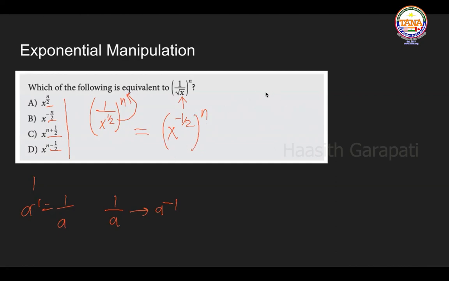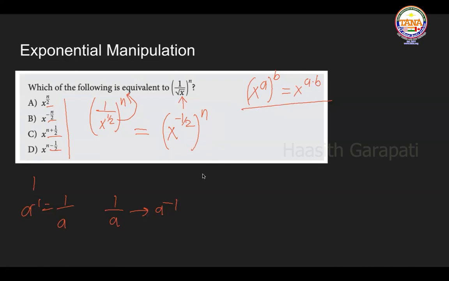And here's another thing that you should know. If you have x to the power of a, and then that term is enveloped by another exponent, guess what? You can multiply the exponents together. X to the power of a to the exponent of b is equal to x to the power of a times b.